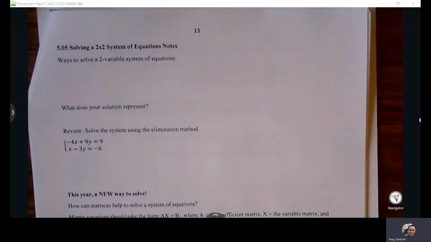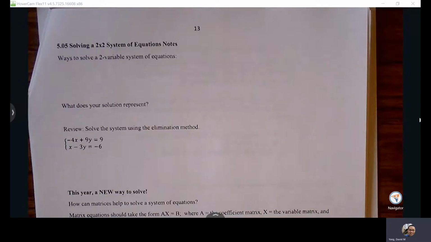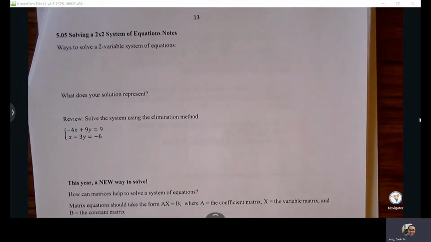Okay, if you guys can turn to page 13. So, ways to solve systems of equations.